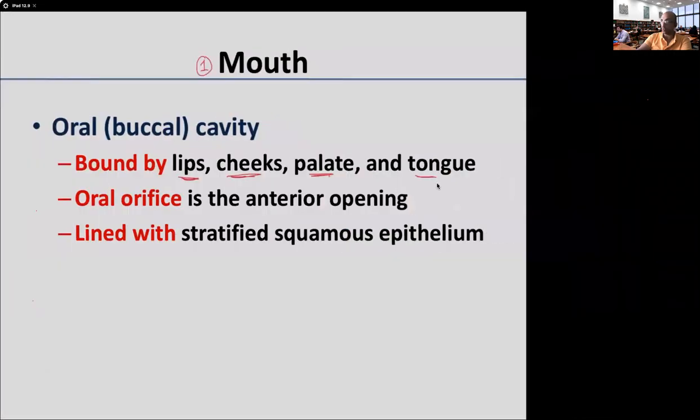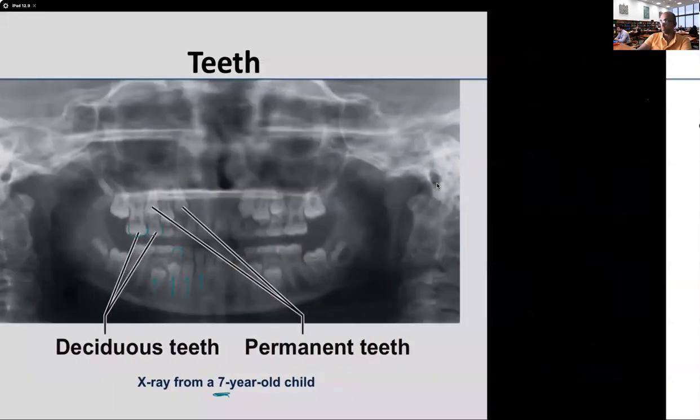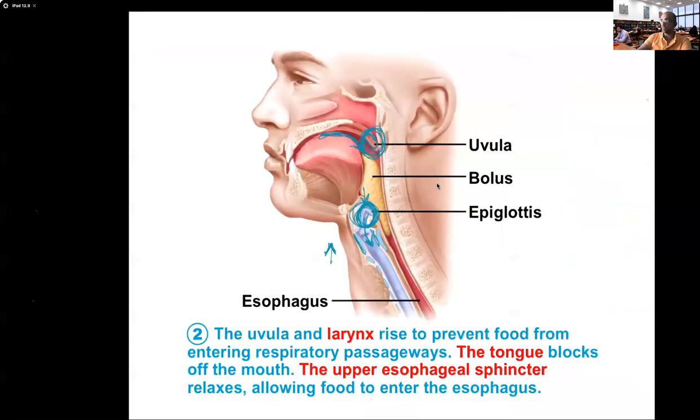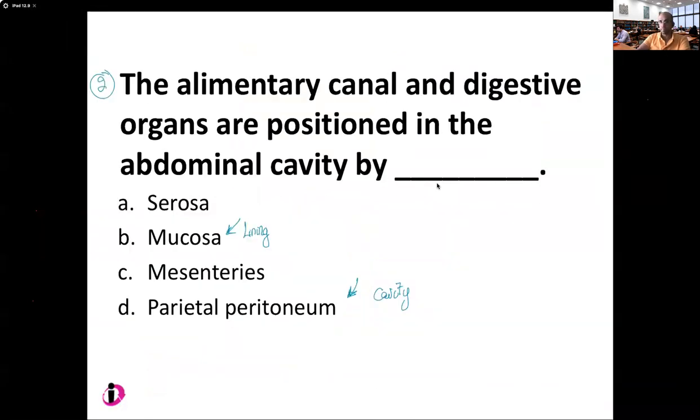What do you think is holding the organs together? Back here to the question. So parietal peritoneum, no, it's not holding the organs together. Mucosa, no. What is holding the organs together?